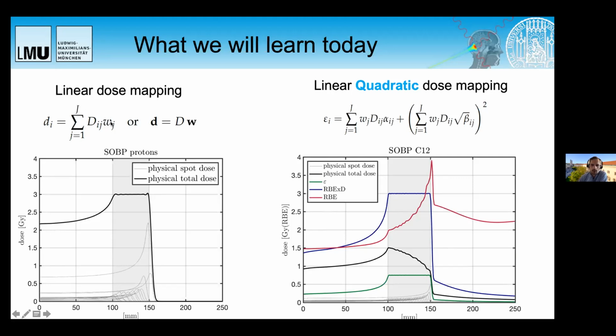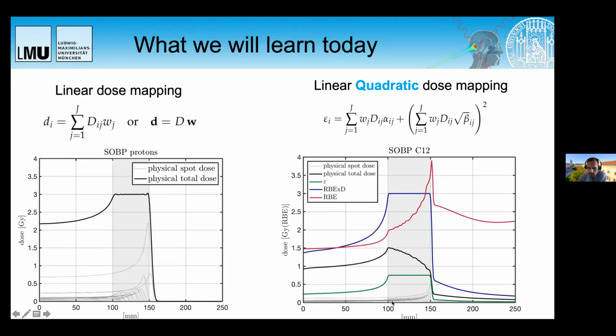Whereas if we go to biological treatment planning, then we have a linear quadratic dose mapping. This essentially relates back to the linear quadratic model that Albana was mentioning before. What you see here on the lower right plot is a spread out Bragg peak of carbon ions for which a biological optimization was performed.